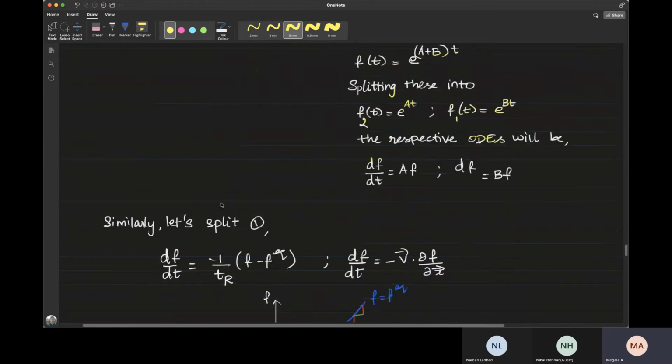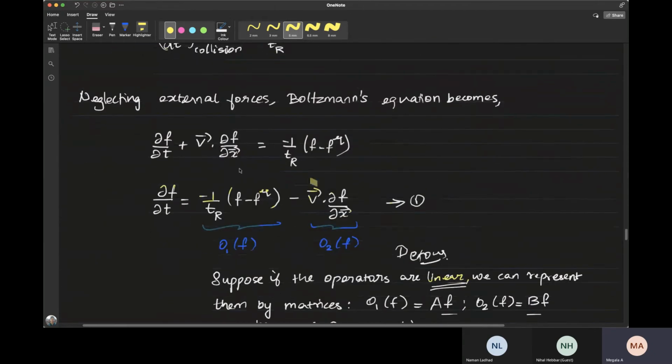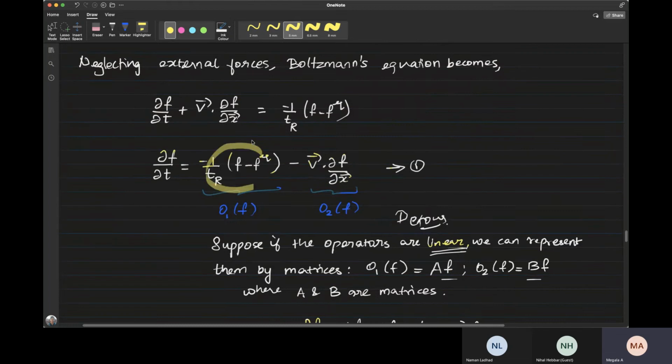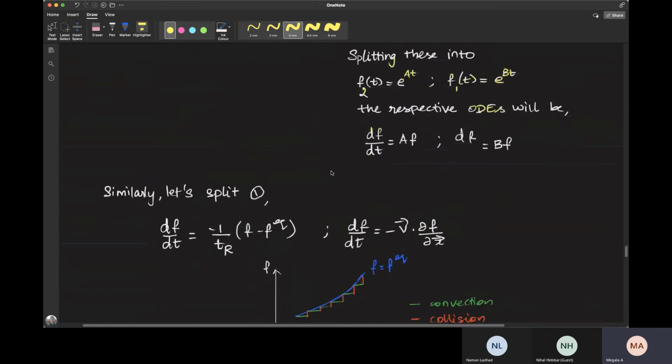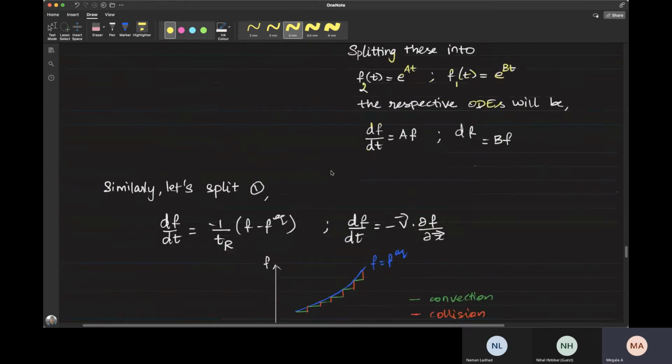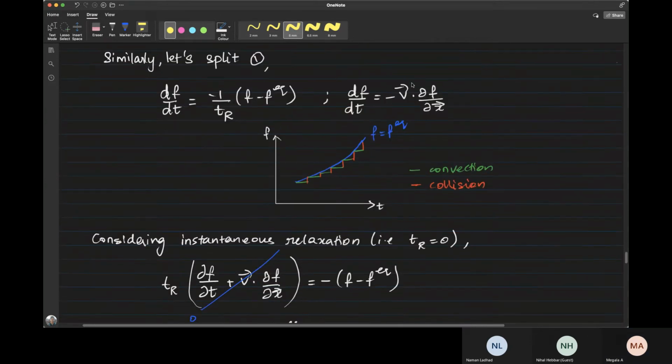So here I'm trying to split our equation in this way. This is the collision term and this is our spatial convection. So I'm splitting them both. These are the split equations. Now why I did this is to understand what is happening when we are simulating the system.